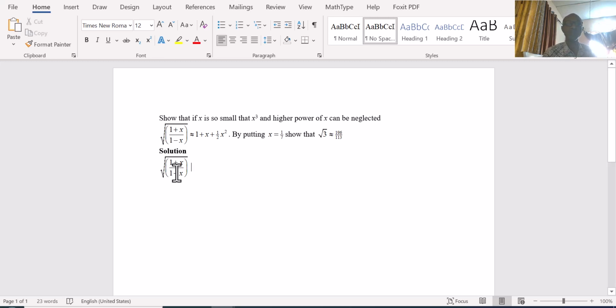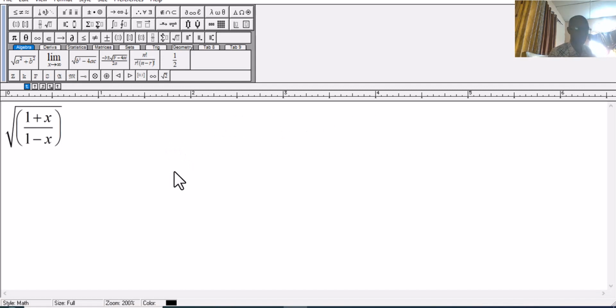So let's start. The first thing is to expand this. We can rewrite this using our laws of indices as 1 plus x over 1 minus x, everything raised to the power of half. Square root, this is what it means.